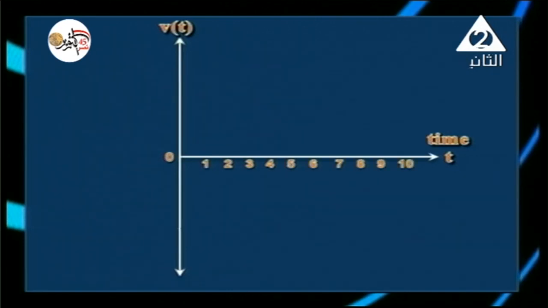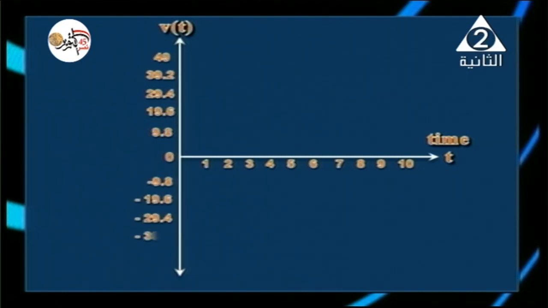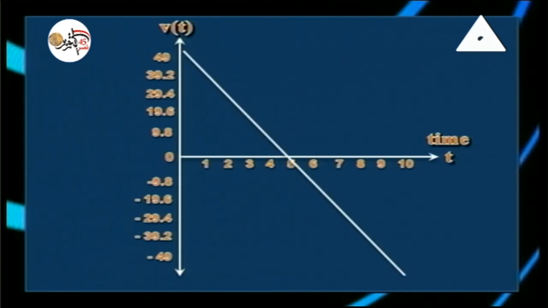V, velocity, positive up 0, negative down 0. Look at the line which represents the velocity time graph. When t equals 0, velocity is 49. When t equals 5, velocity equals 0.